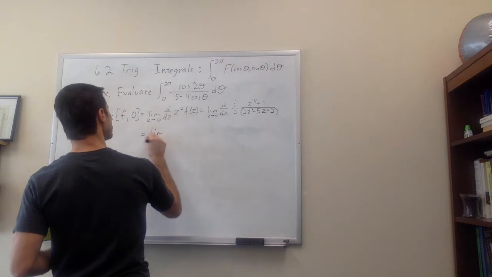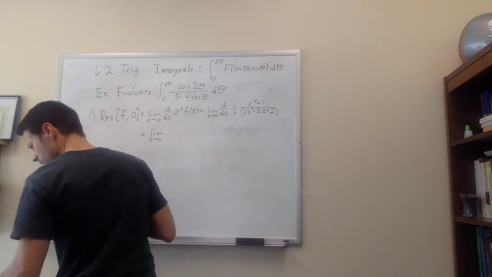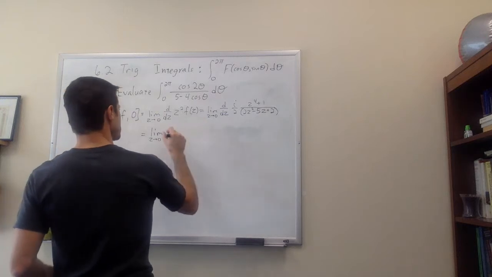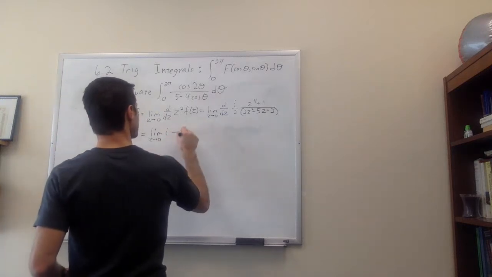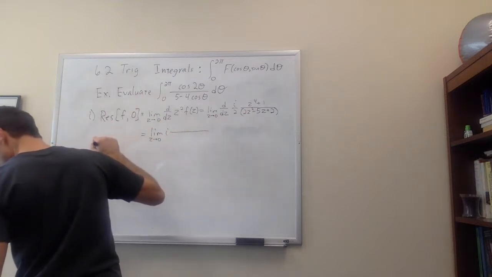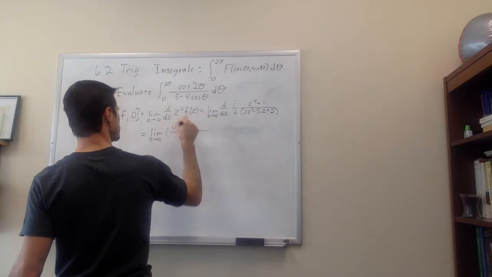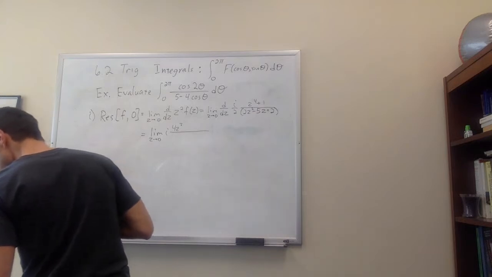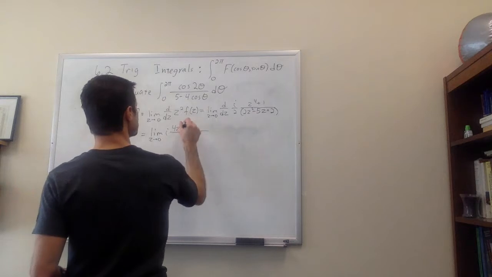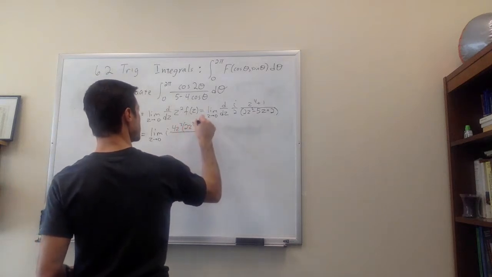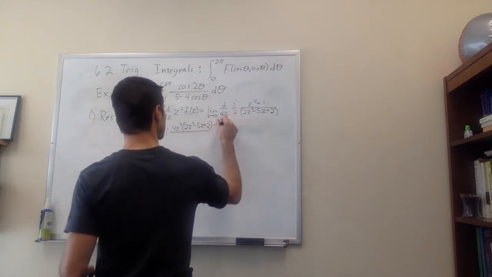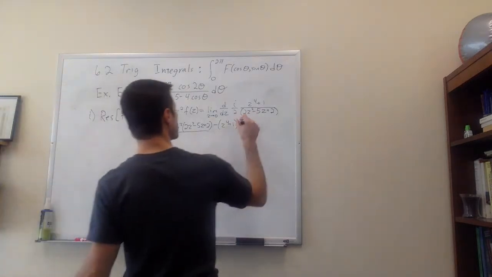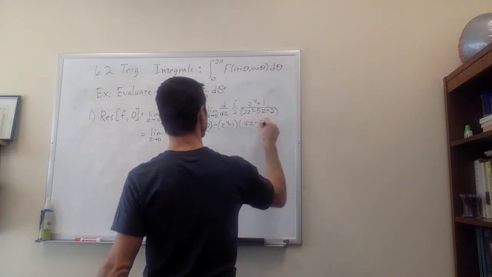We have the limit as z goes to 0 of: in the numerator, 4z cubed, the derivative of the numerator, times the denominator, 2z squared minus 5z plus 2, minus our numerator times the derivative of the denominator, which is 4z minus 5.